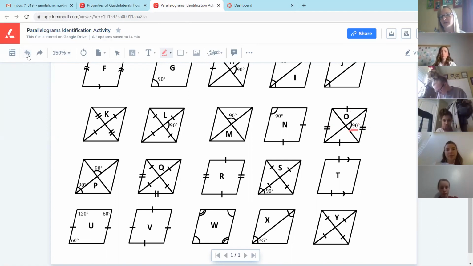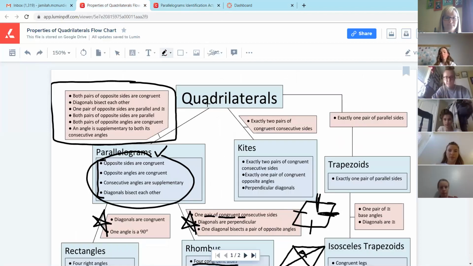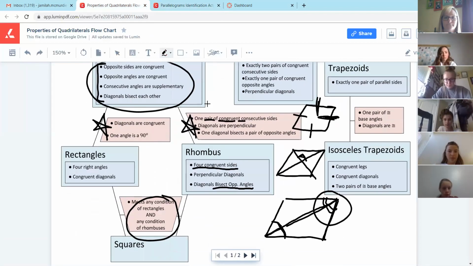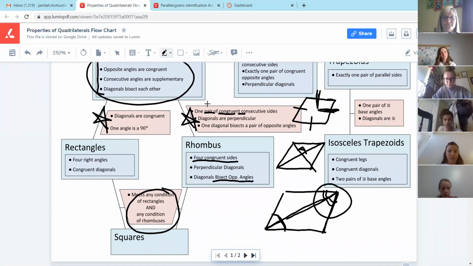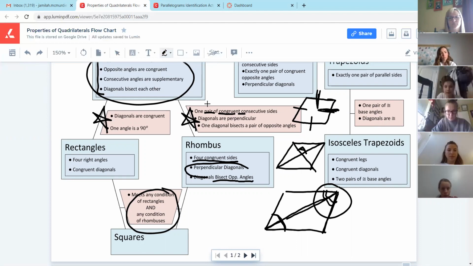This right here. It looks like when the two diagonals meet, you get a right angle. So what does that tell us about the two diagonals? That they're perpendicular. Yeah, and if the diagonals are perpendicular, what does that mean? What shape?